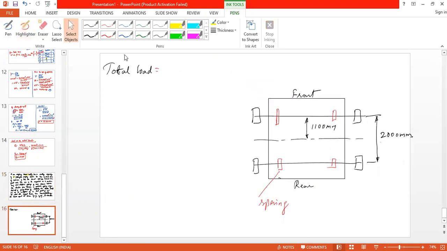Okay. So the total load is weight of the car plus weight of the passengers. Right? Yes or no? Yes, sir.